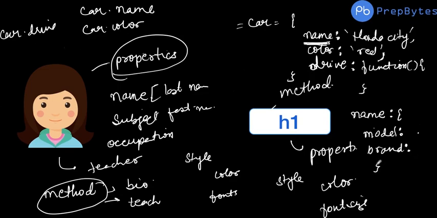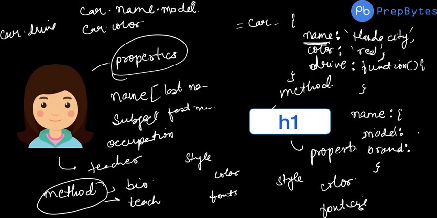Many times there will be an object inside an object. In that case we will access the model using car.name.model. This much information is sufficient for now to understand how we are accessing the objects, the documents, and the elements that we have in the DOM.